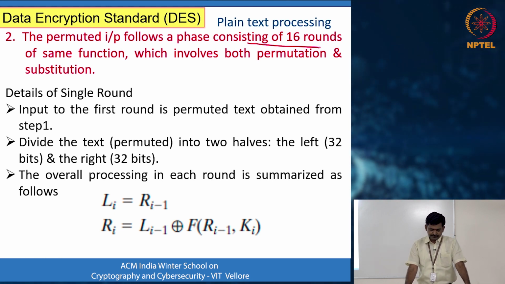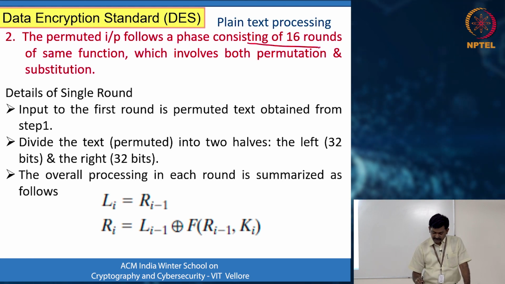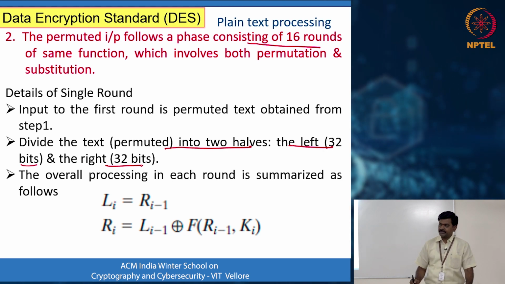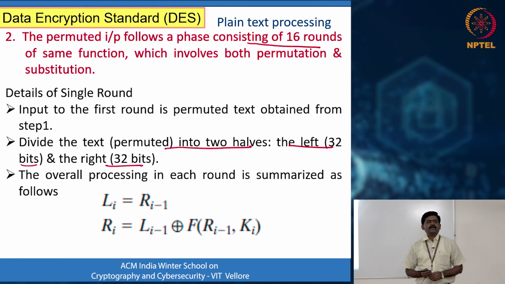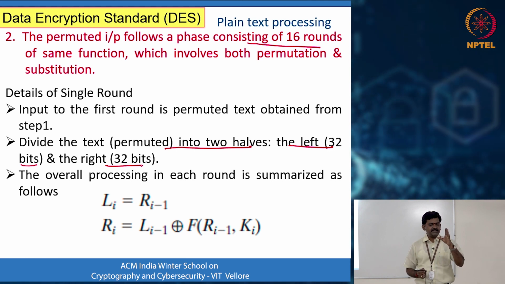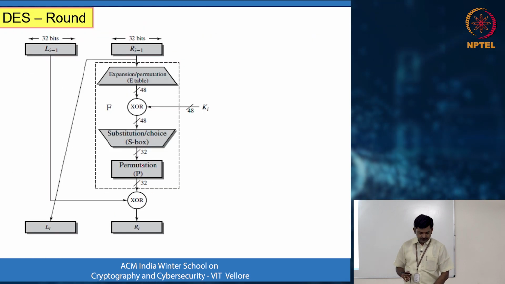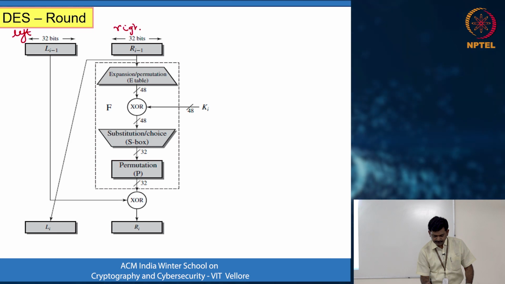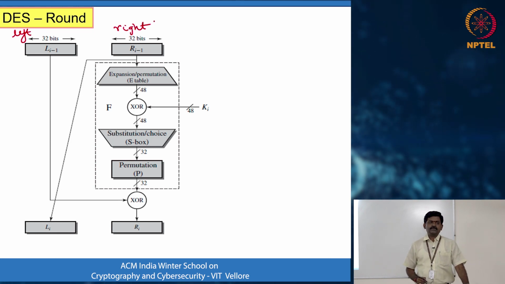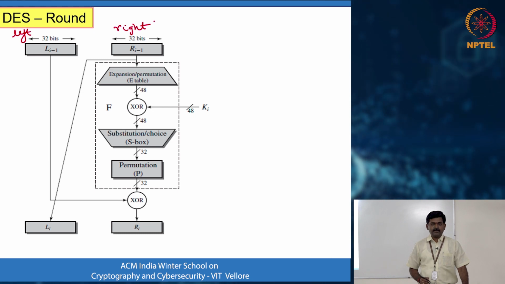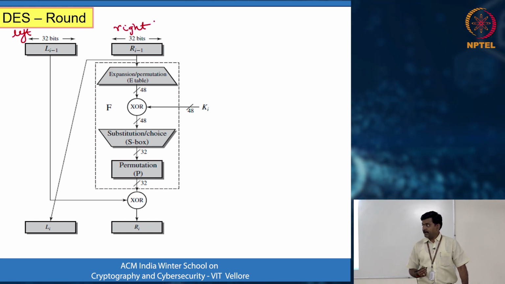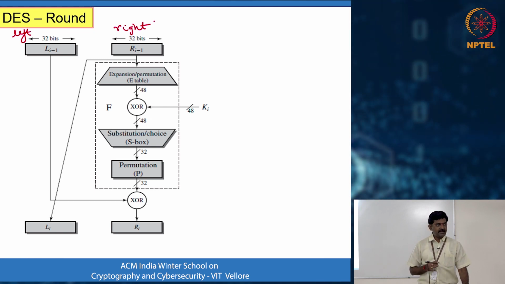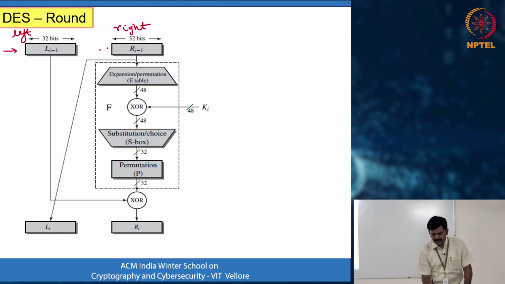In each round, first you divide into 2 halves, a left half of 32 bits and a right half of 32 bits. This is your left and this is your right. The input plain block, after transformation, is divided into 2 halves, left and right.